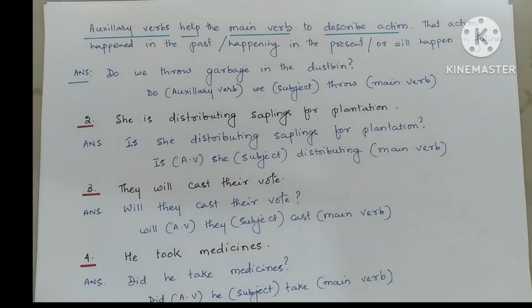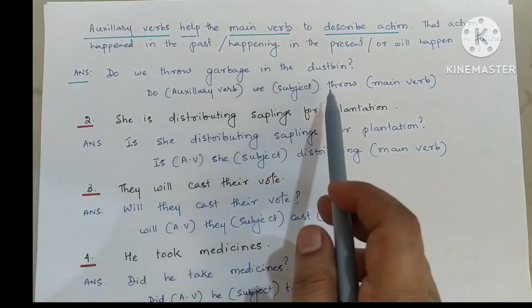That action has either happened in the past or is happening in the present or will happen in the future. So the sentence, we throw garbage in the dustbin, can be changed into an interrogative sentence following the rule. Do, which is the auxiliary verb, followed by the subject we, followed by the main verb throw. So do we throw garbage in the dustbin?